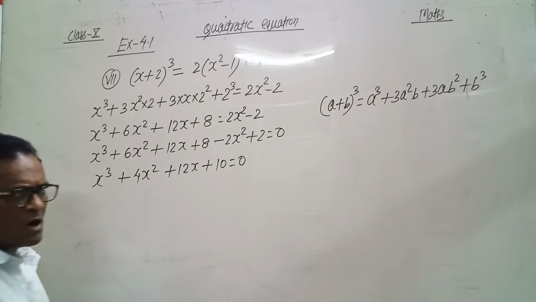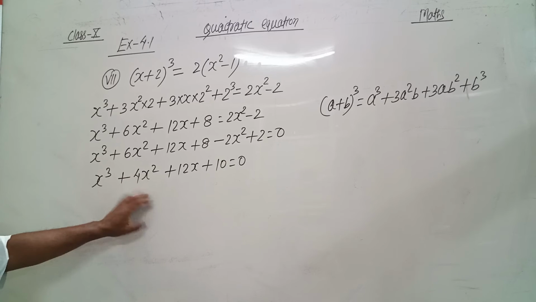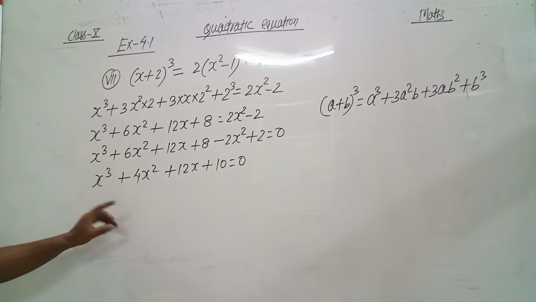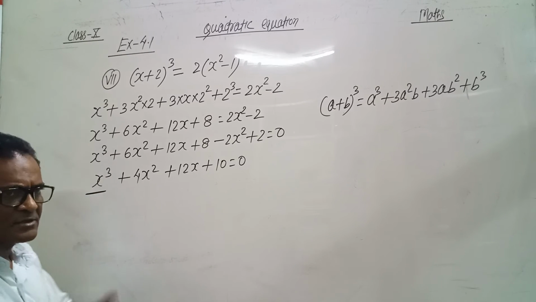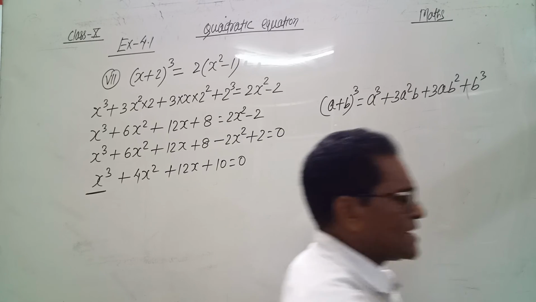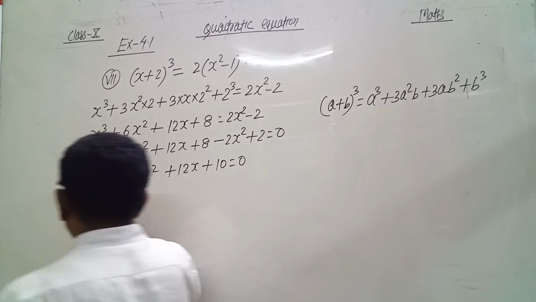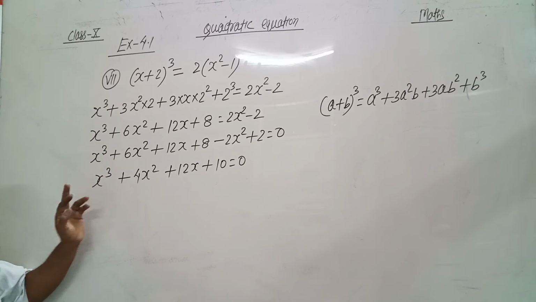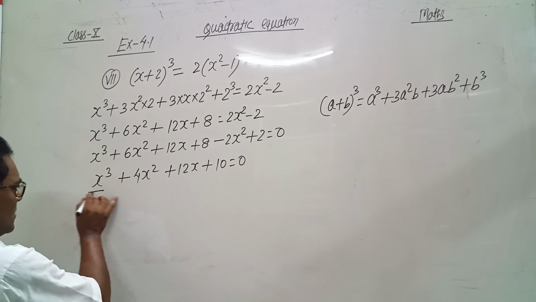This is also not a quadratic equation because it has the term containing x square, but there is also the term containing x cube. x cube का term नहीं होना चाहिए, x square का term हो सकता है, x का term होगा और constant term होगा. Since there is a term containing x cube, क्योंकि क्वाड्रेटिक में हाईएस्ट पावर 2 होना चाहिए और यहाँ पे हाईएस्ट पावर 3 है.